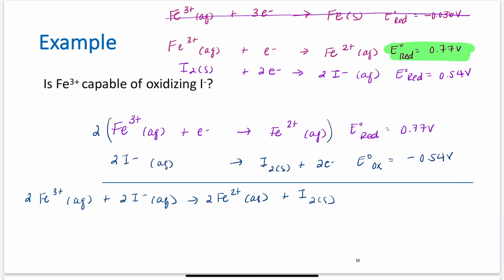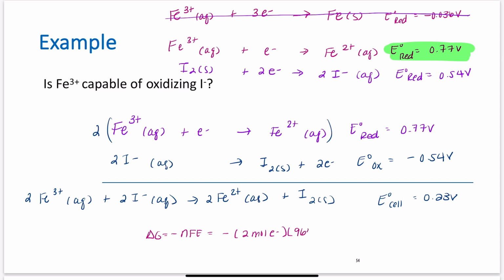And I don't have my calculator in front of me, so 1 second while I try to add this up. 0.77 minus 0.54. The cell potential here, 0.23 volts. And if you're not sure, you can go ahead and calculate delta G. Negative nFE. 2 moles of electrons transferred.